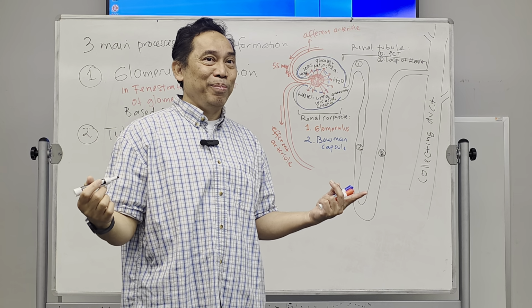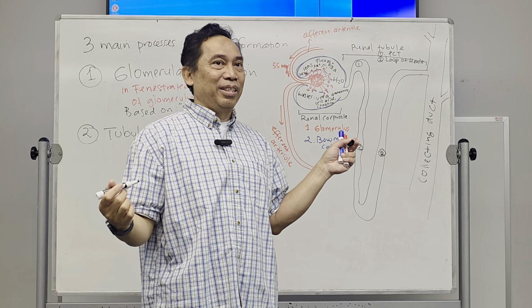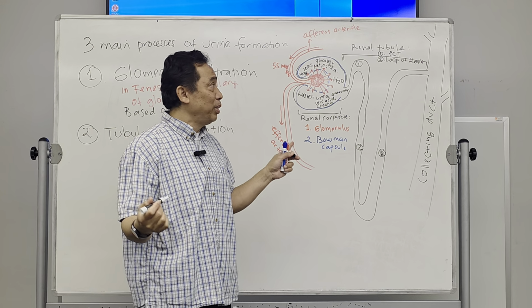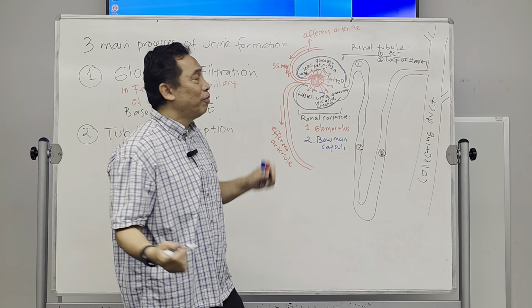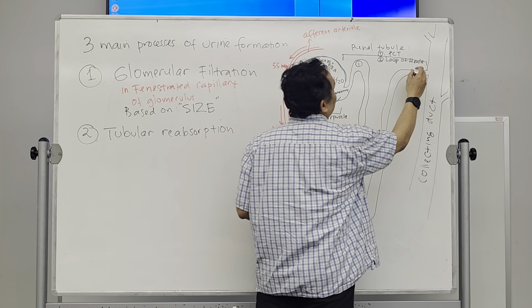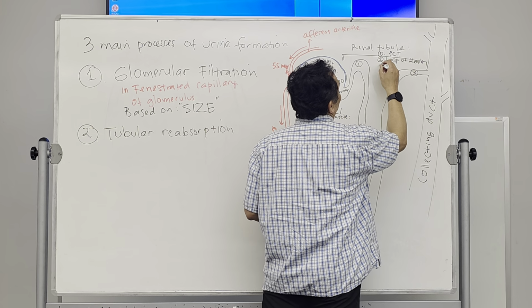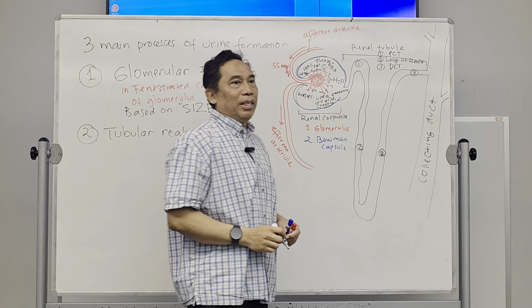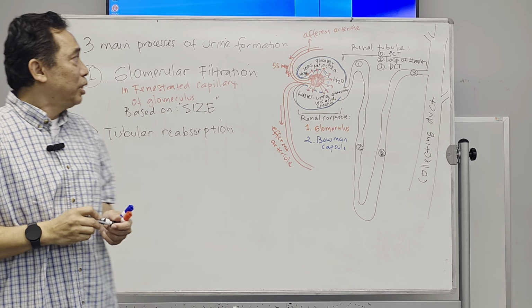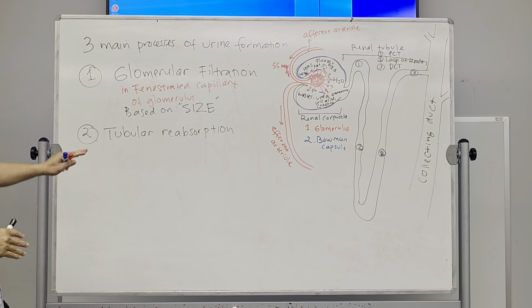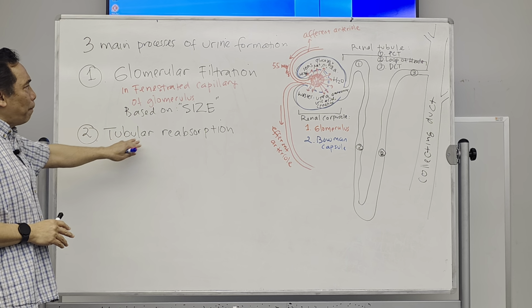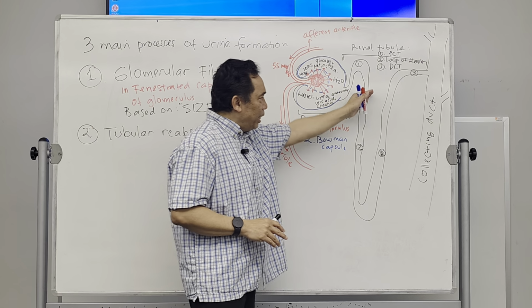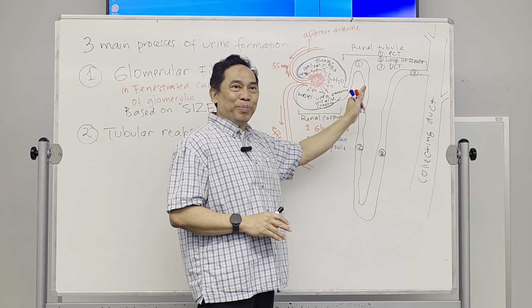That's another name, but we're going to use the one named after the person who found this loop, which is Henle, the loop of Henle. And then the third part over here is called the DCT, distal convoluted tubule. So these reabsorptions will be present in this tube.